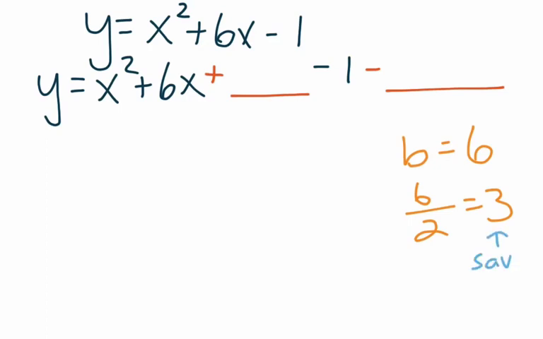It's like somebody giving you a voucher for something and saying, bring this coupon back for a free ice cream cone. Like, save the 3. Save the 3. It's going to go in the parentheses later. Then take the number that you get out and square it. This is the number that you are going to add and subtract.